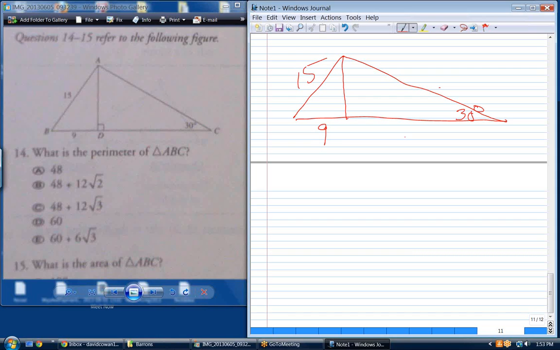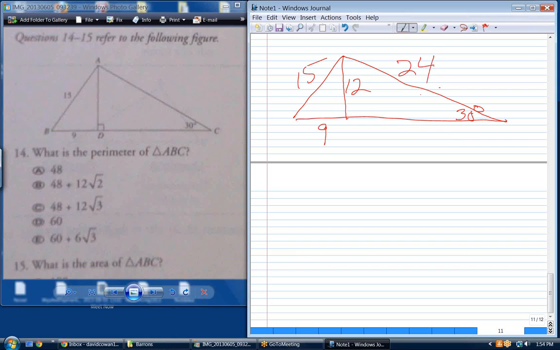So to get the perimeter, we're going to need this side and this side. Well, the side that's the height is 12, which is x. So the hypotenuse in that triangle is 24.